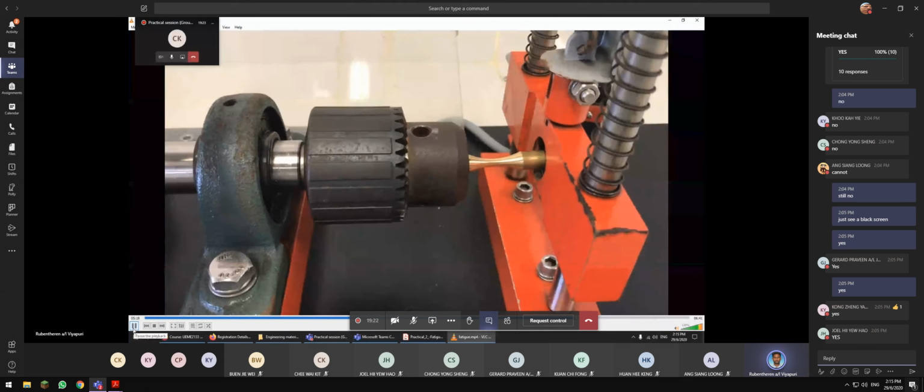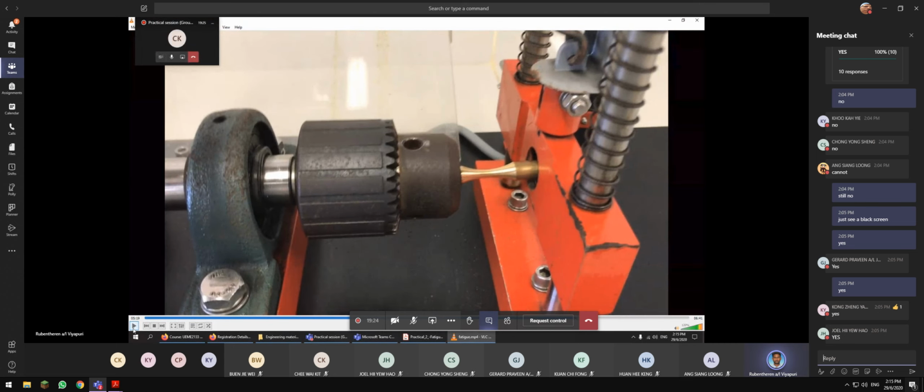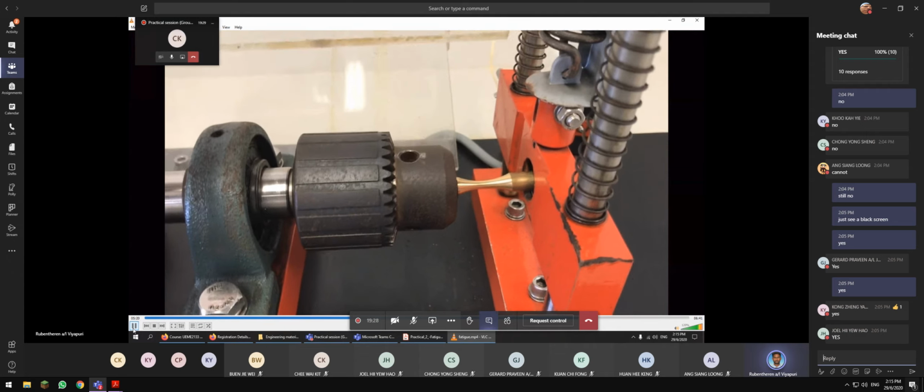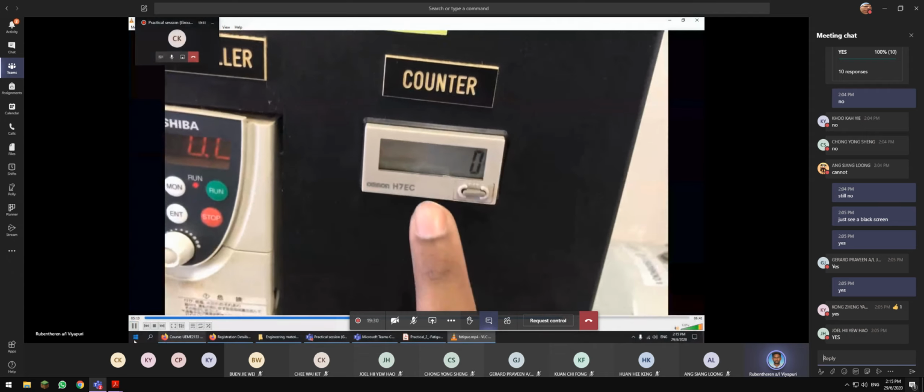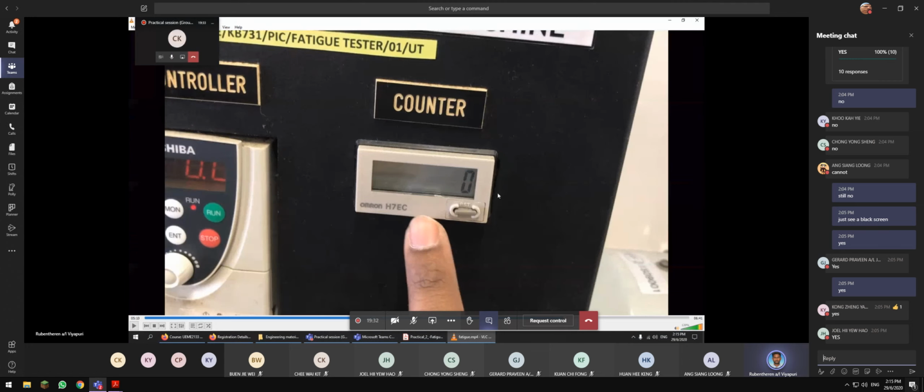That counter shows at what count this material breaks or snaps. I'm repeating again, this counter stops counting when the material snaps or breaks. So you need to take this counter as the number of turns before the material snaps or breaks.